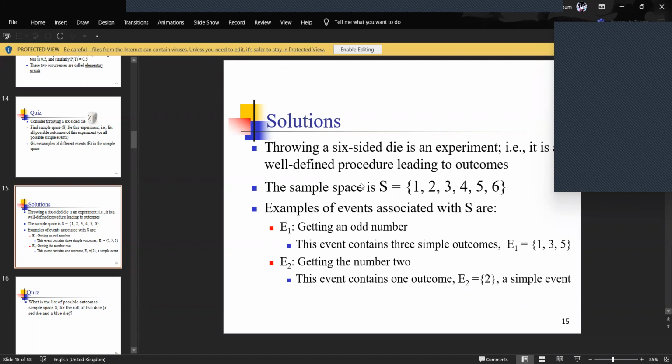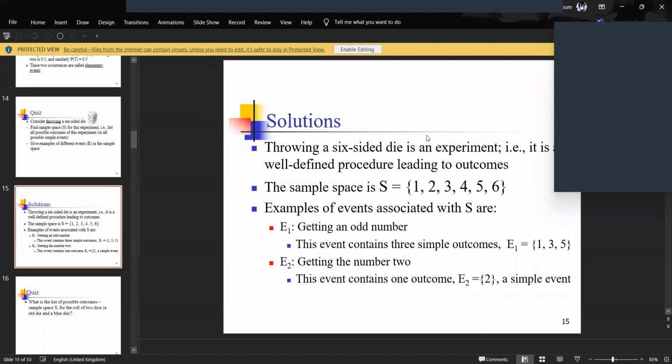And a couple of examples of events is getting an odd number. So that's one possible event, which would leave you with 3 simple events. And so the simple events are each of these individual ones. So 1 is a simple event, 2 is a simple event, 3 is a simple event, 4, 5. Each of them are simple events.